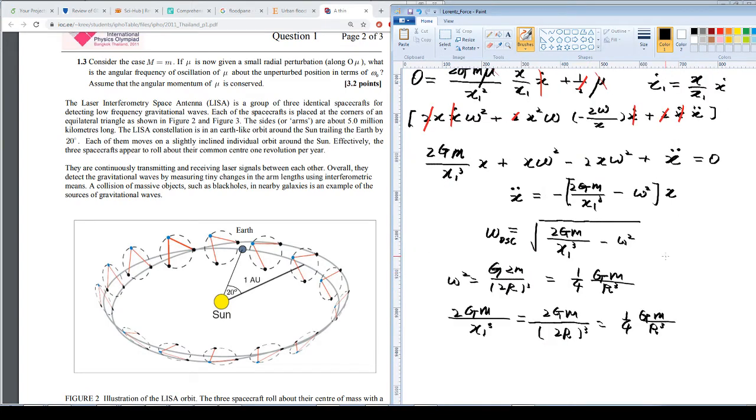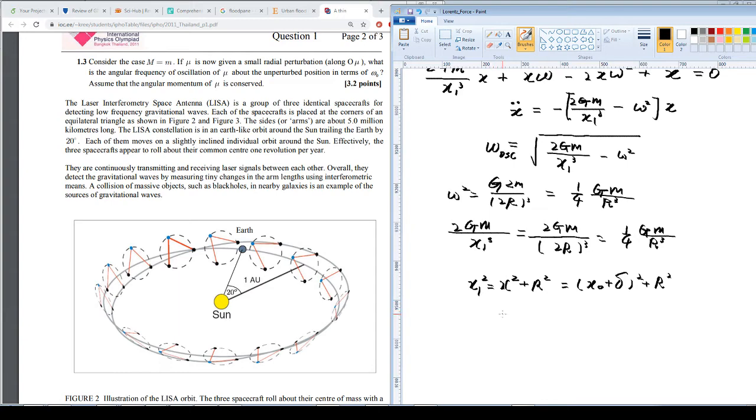We may have to rewrite x1. x1 squared is x squared plus r squared, which is x naught plus delta squared plus r squared.